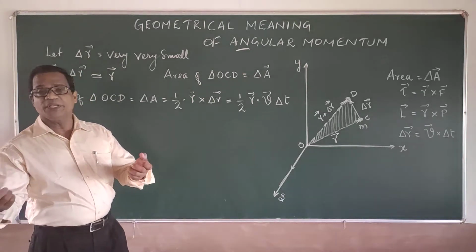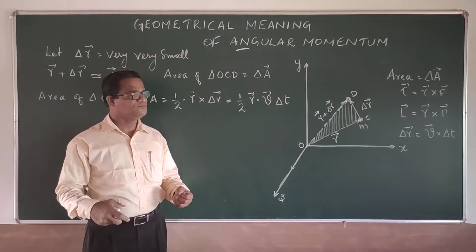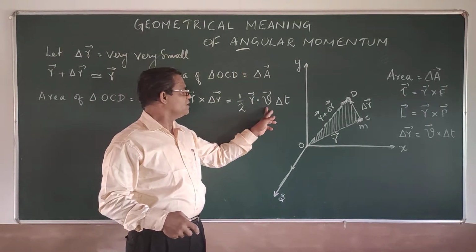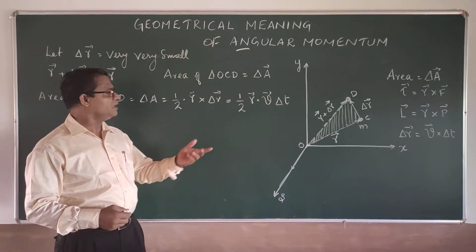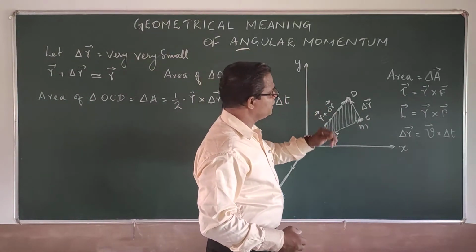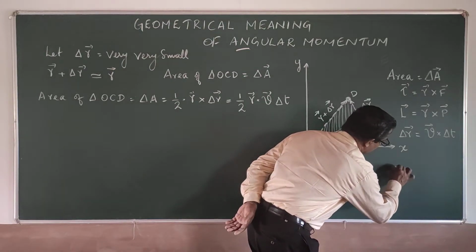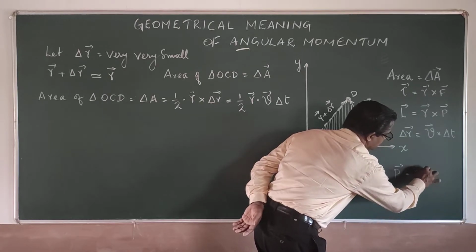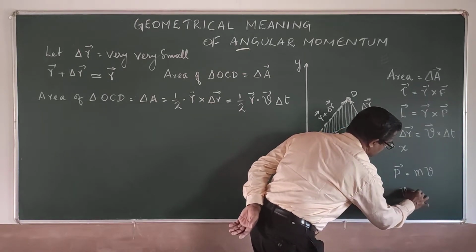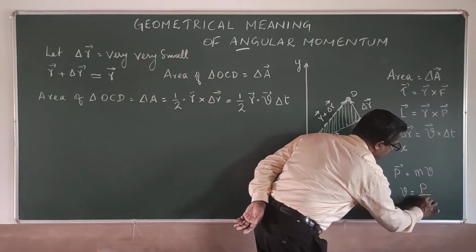Our aim is to bring angular momentum into this, so I express v in terms of linear momentum p, which equals m into v, so that v equals p by m.